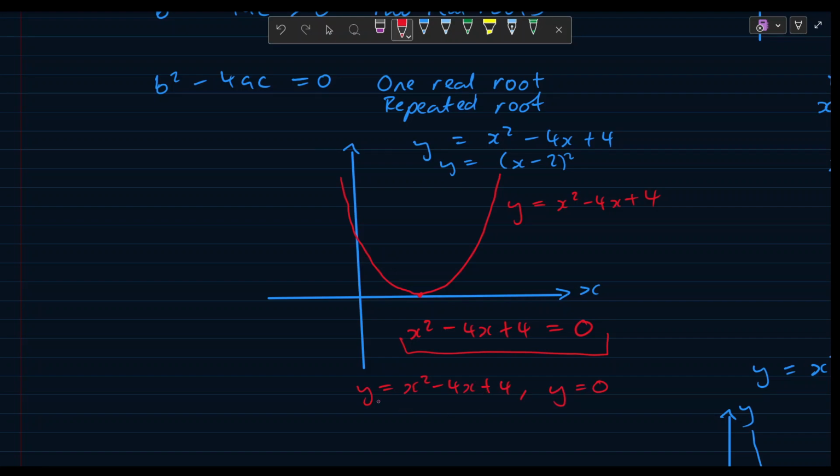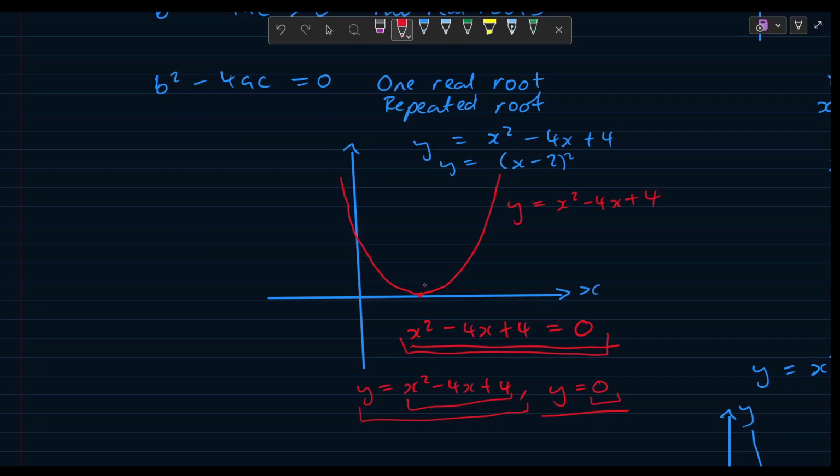Okay, because it means they would have had these two equations, then equated the x squared minus 4x plus 4 to the 0. Okay, and so this y equals 0 is our x-axis, and this y is equal to x squared minus 4x plus 4 is our curve. So if we're solving this equation, we're looking for the points of intersection between our curve and our x-axis.